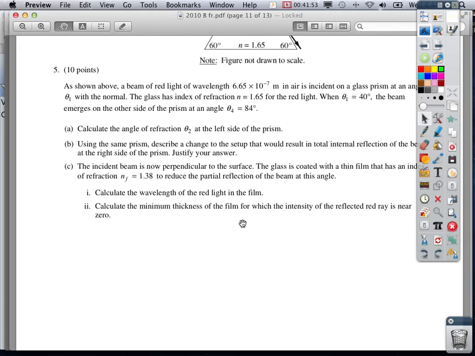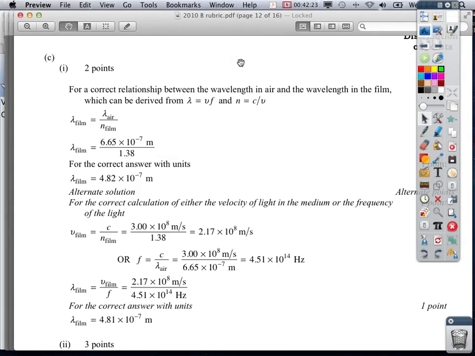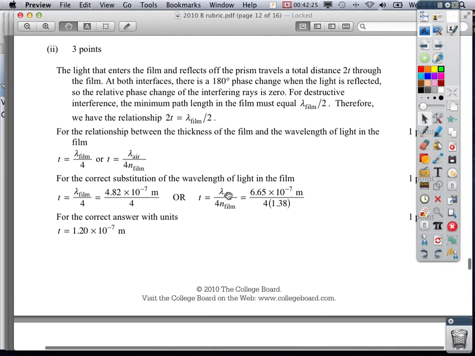So if you see that it goes through a film and the intensity of the ray is near zero, what are we dealing with? What kind of a problem? What's happening in this problem? Light's canceling out. When does light cancel out? Yeah, it's out of phase. It's destructive interference. And I think that's what we'll see right here. So what they're saying is that two thicknesses of the film equals lambda over 2.